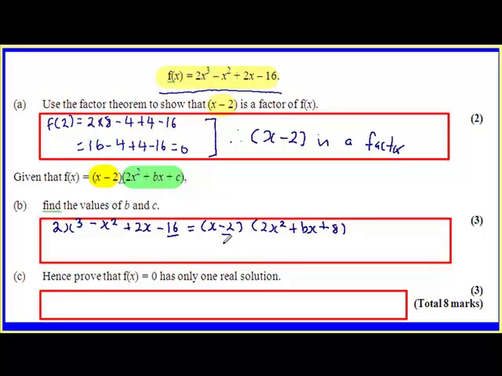In order to get the value of b, we will compare the x coefficient, which on the left hand side is 2, and on the right hand side, if we multiply x and the 8 together, we will get 8. And if we multiply the negative 2 by the b, we get negative b.